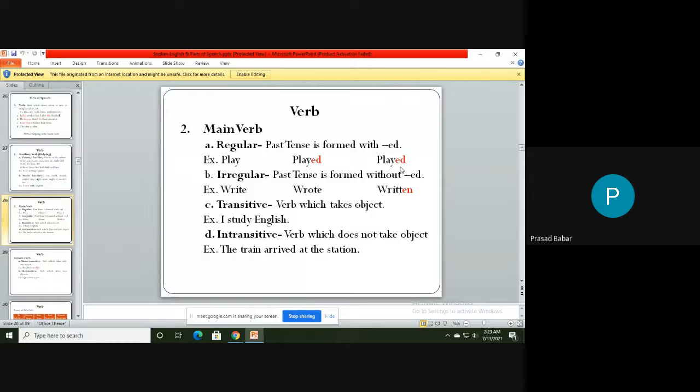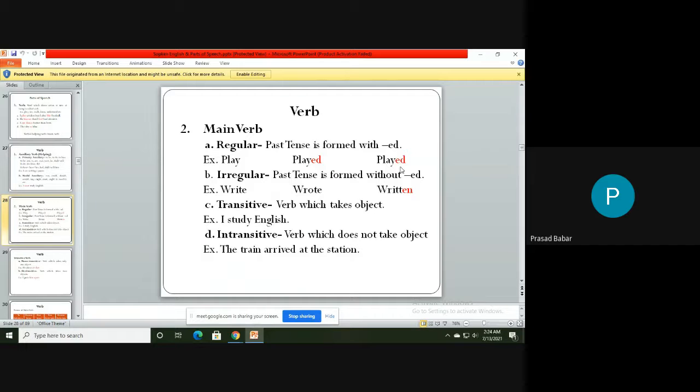For example, if we take play, what is its past form? It is played. In regular verbs we add ed as a suffix after the verb, and that is why they are called regular verbs. So play becomes played, and its third form also is played.